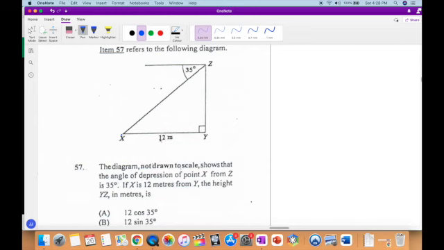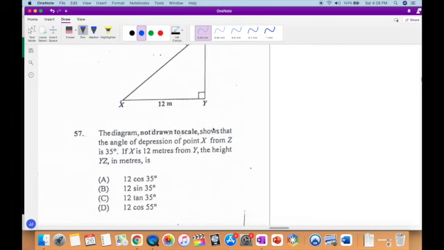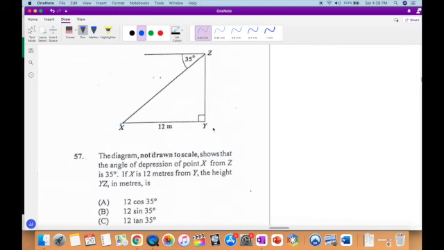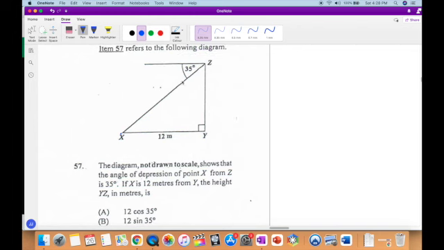If X is 12 meters from Y, the height of YZ, so we want to find the height of YZ here. At the end of the day, we could see this in many ways. One of the ways is by completing this here.